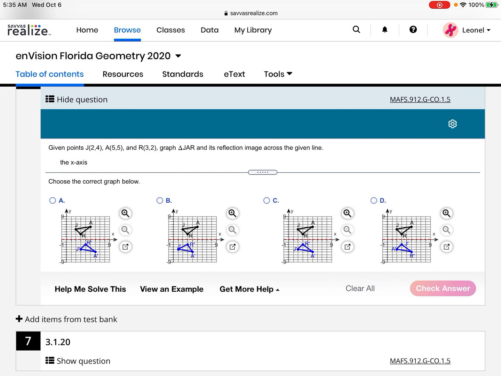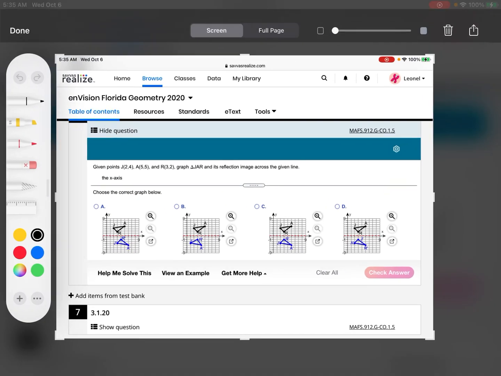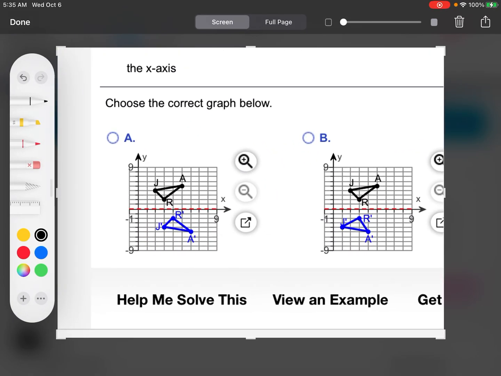The points have to travel directly across the line of reflection. So if you look at option A here, J starts up here. If it were to be reflected, it has to move in a straight line down across the line. And notice that it completely misses where J lands here. So this graph is not accurate.